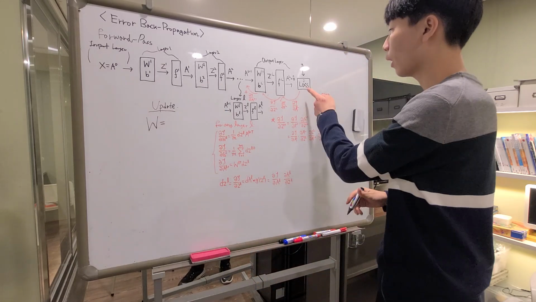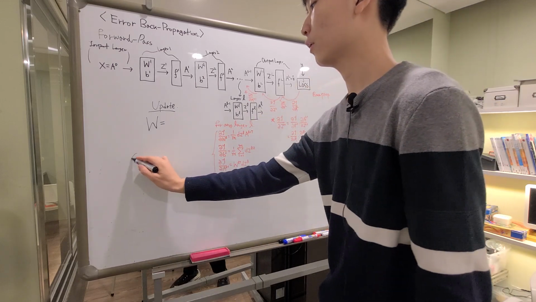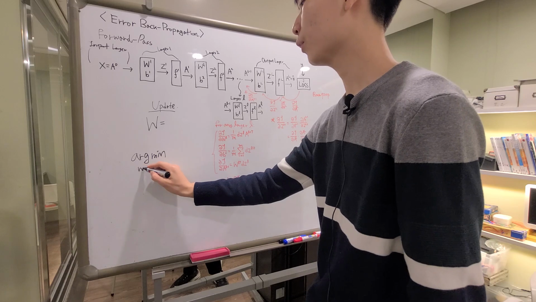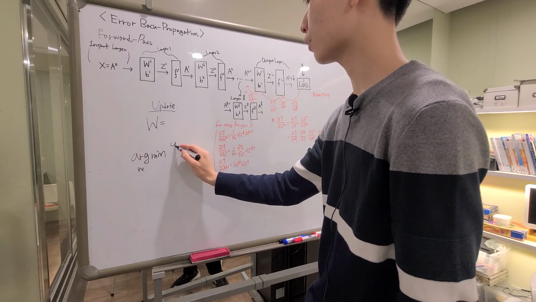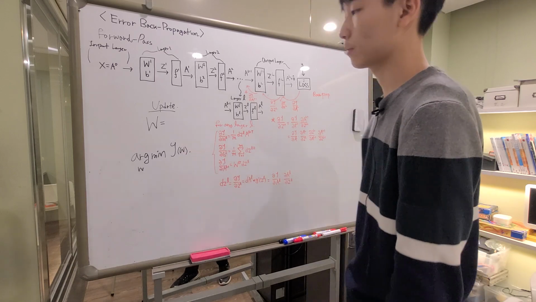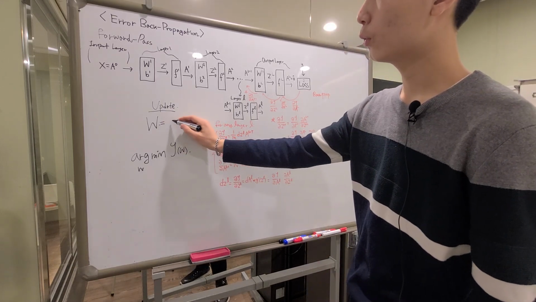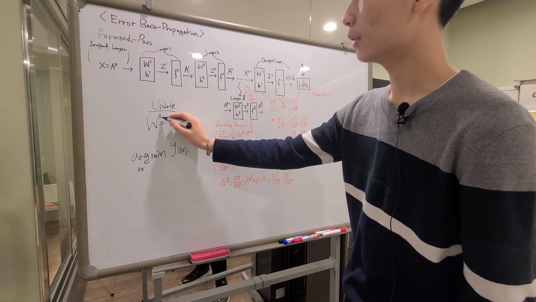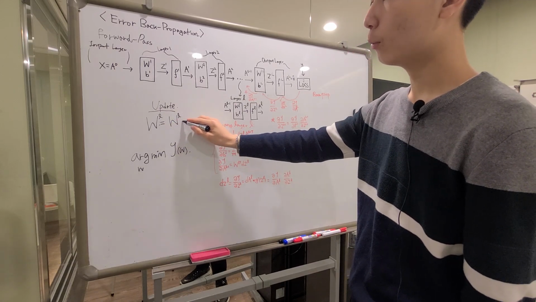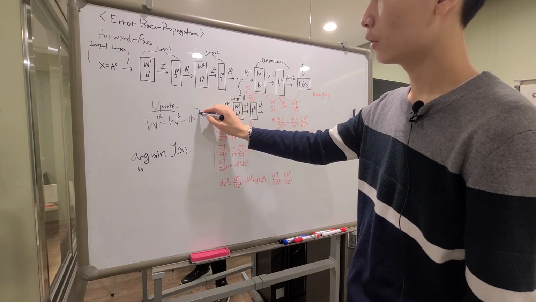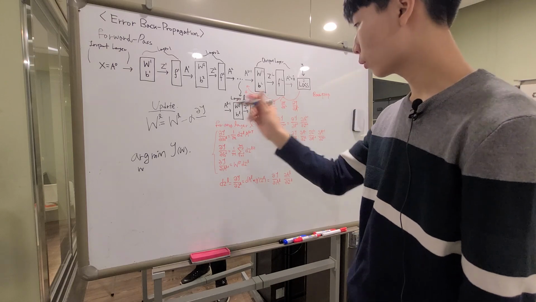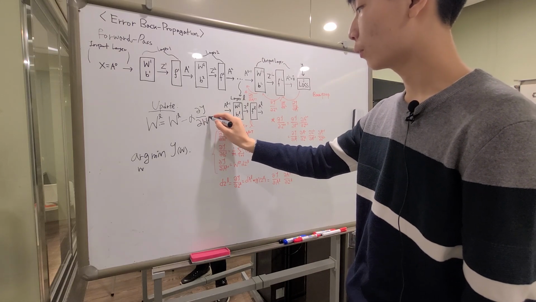So we want to find the parameter W that minimizes our loss function J. Our update rule is, for example, in any layer L, WL is WL minus alpha times the derivative of the loss with respect to WL.